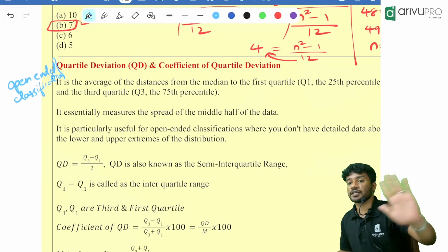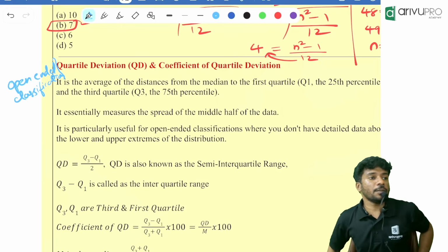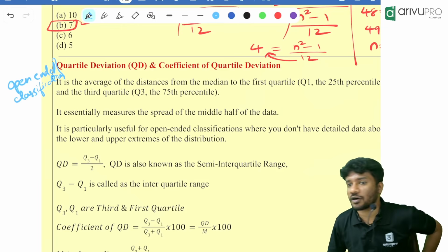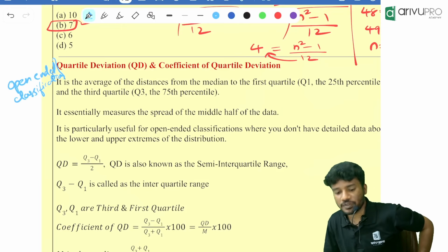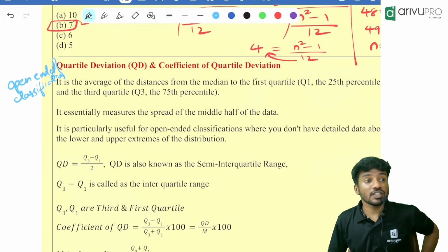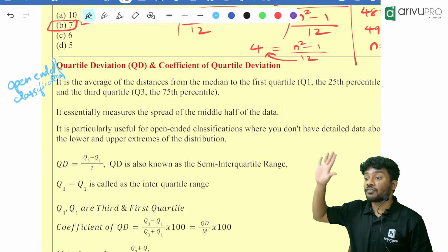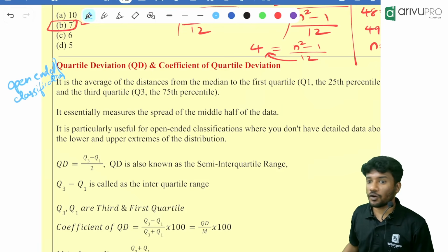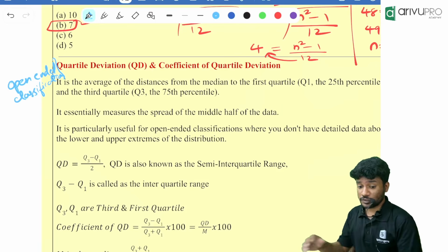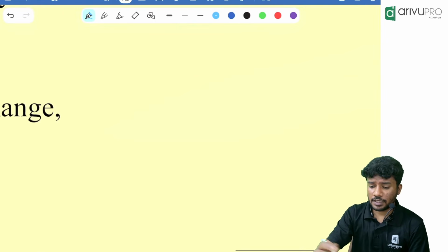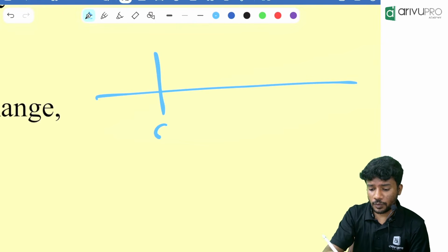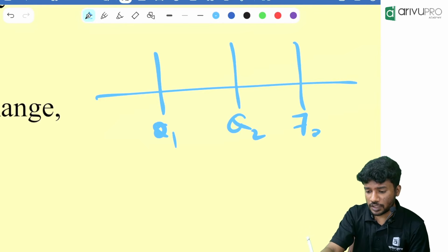Both are previous year questions. Which is the best measure for open-ended classification? Quartile deviation. Next question. Quartile deviation deals with the central 50% of the data, not after the 75%. For example, on the number line, Q1 is here, Q2 is here, Q3 is here.